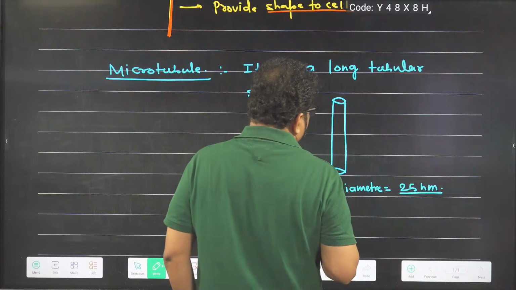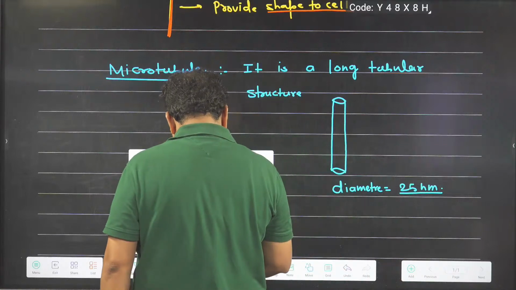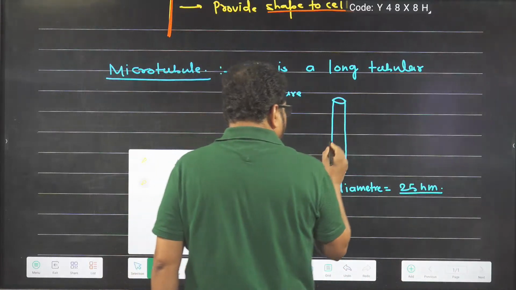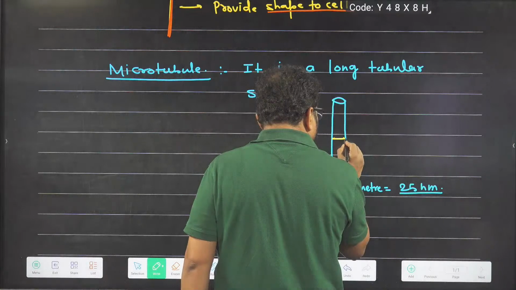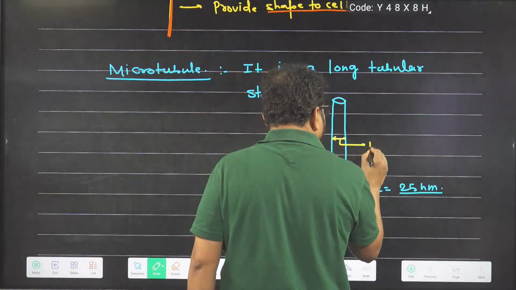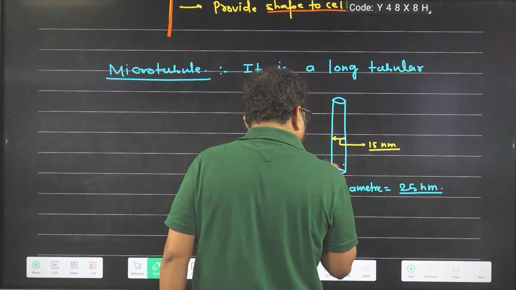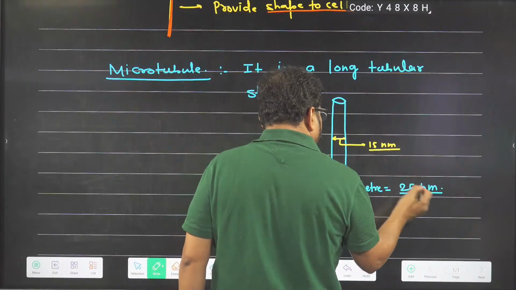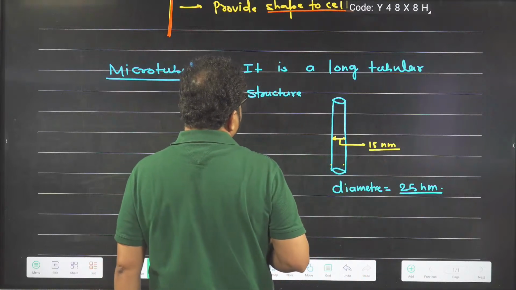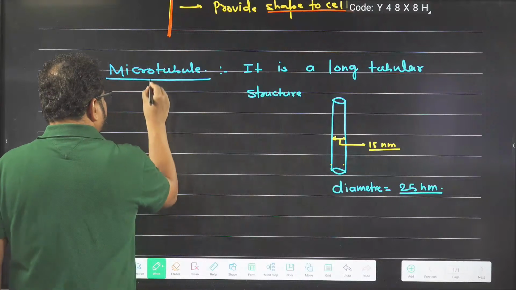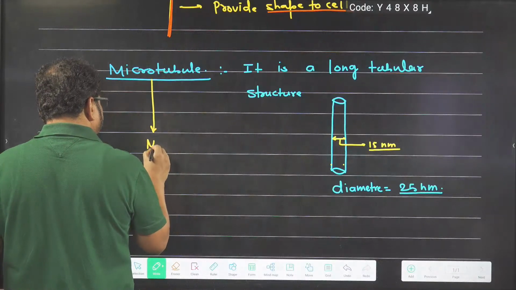Got the idea? And in tube thickness is how much? This inner side of the tube is what? Basically 15 nanometer. Overall diameter, another is wall, and overall diameter is 25 nanometer.